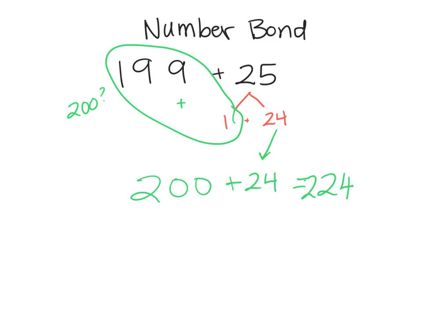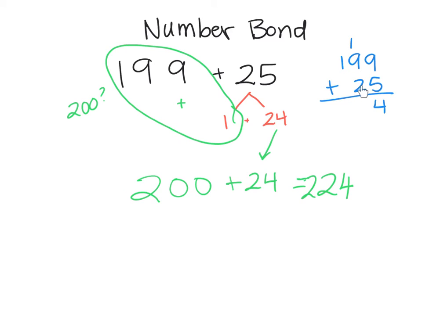Okay, let's look at it in vertical form just to see why this strategy is a good idea to use sometimes, because it's a simpler way of doing things. 199 plus 25 in vertical form has to have a lot of regrouping. 9 plus 5 is 14. So I have a 4 down below, and I'd have to carry my 1.